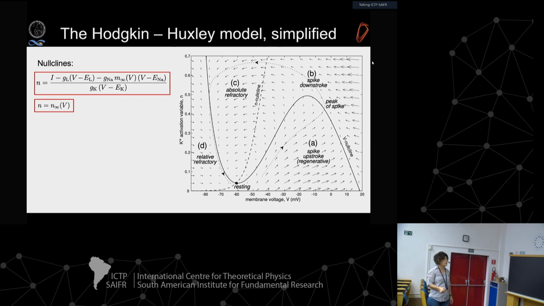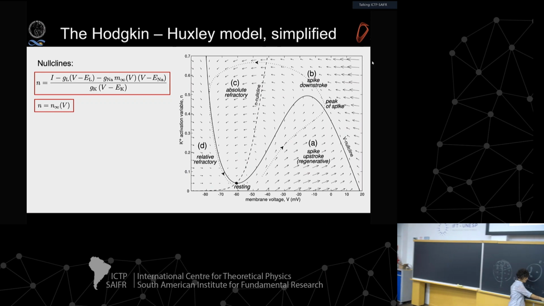If you look at the V nullcline, it is also like that, but with V dot equals 0. So here the arrow has to be in this direction, completely vertical. So how do we read this? So here is a stable point. So this system has only one fixed point. Remember the spike.